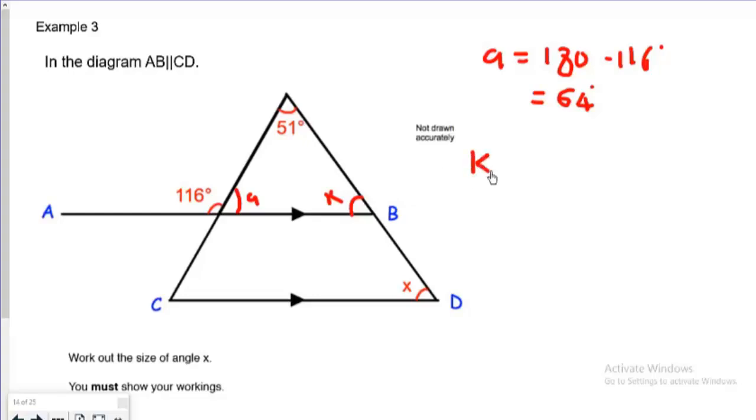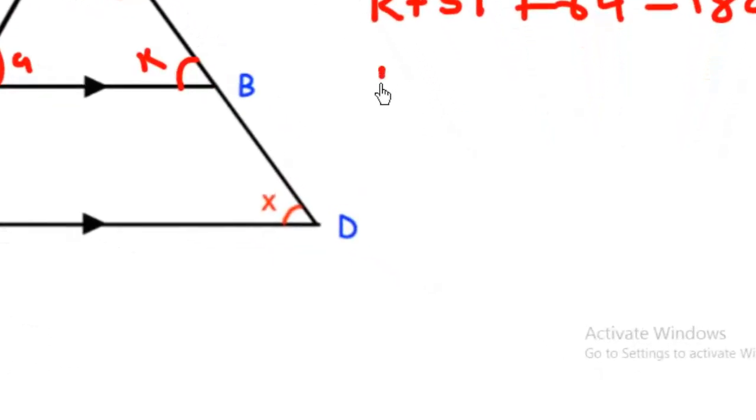So we have K plus 51 plus A. A is 64, so K plus 51 plus 64 equals 180. That is K plus 115 is equal to 180.